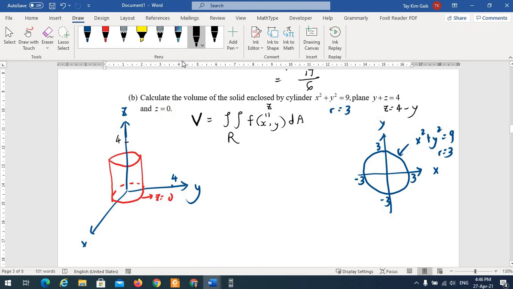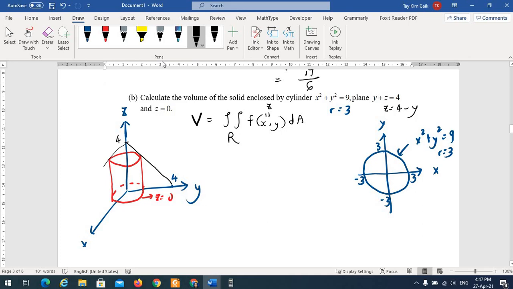Cut it with another plane, the plane y plus z equal 4.